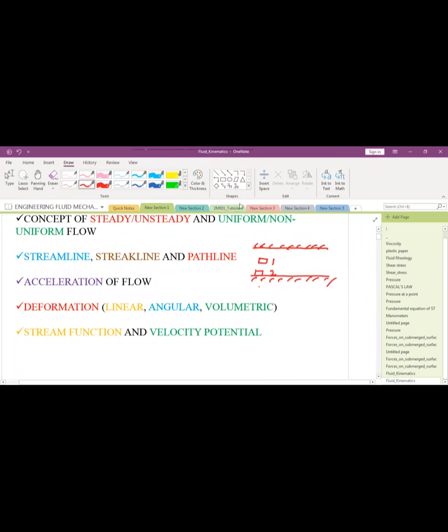How are 1 and 2 different? I'm making it much simpler now. What is the difference between the movement of fluid element 1 and fluid element 2?